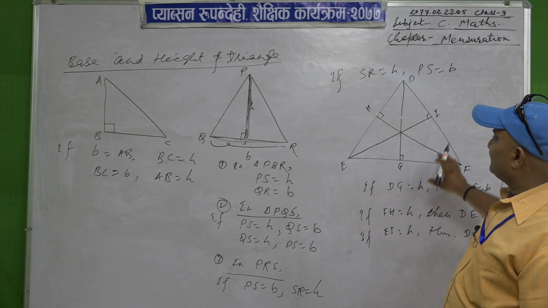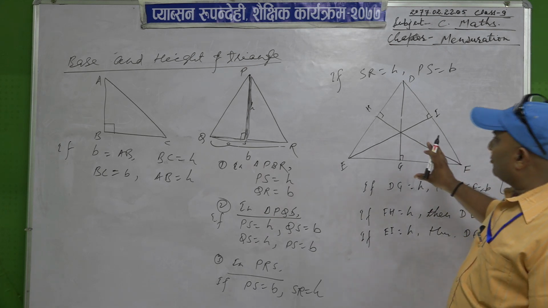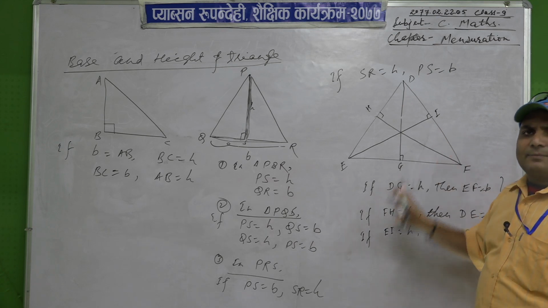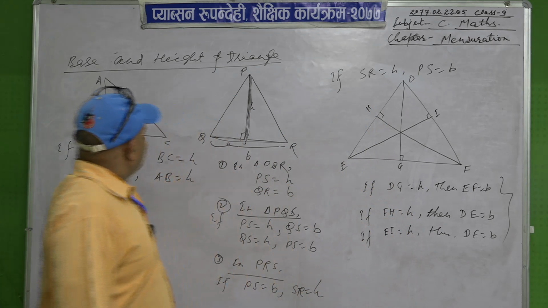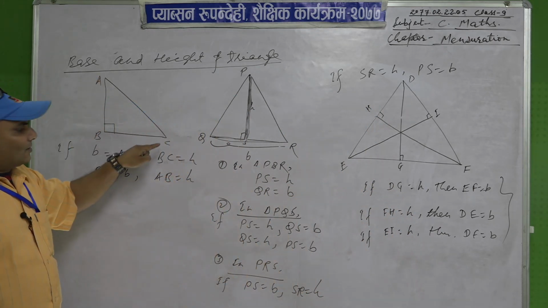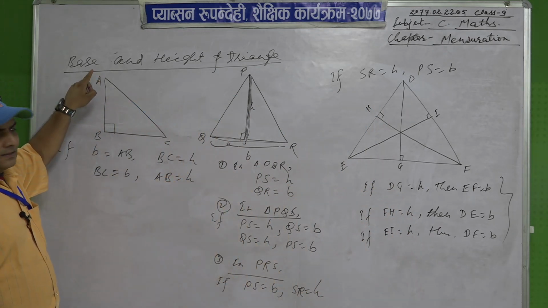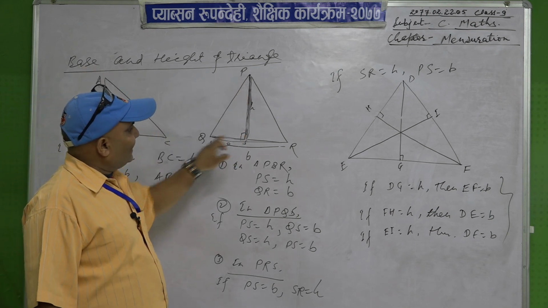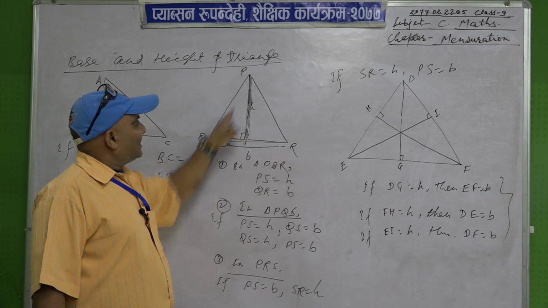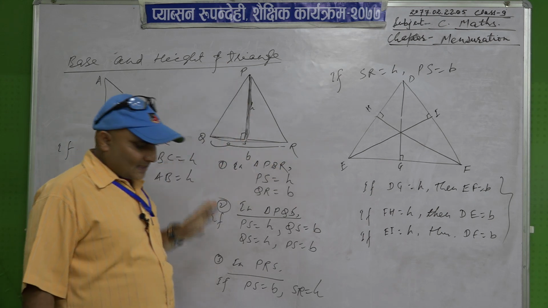So, in this way you have to find out which is the height and which is the base of the triangle. In this figure, this is the height and this is the base. In a small triangle, this is the height and this is the base.